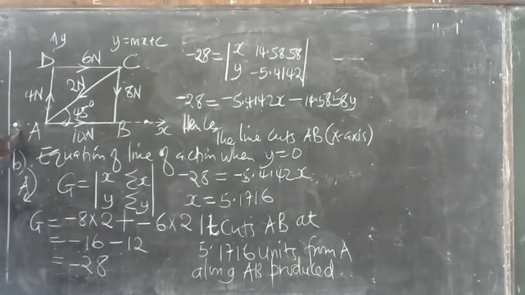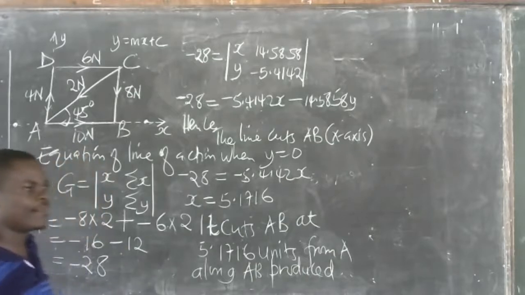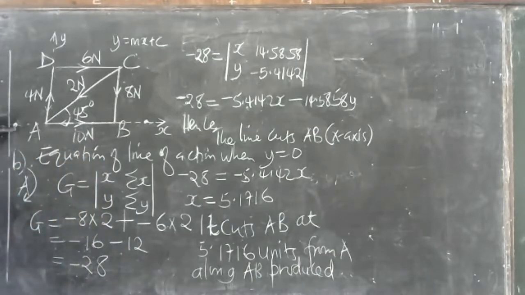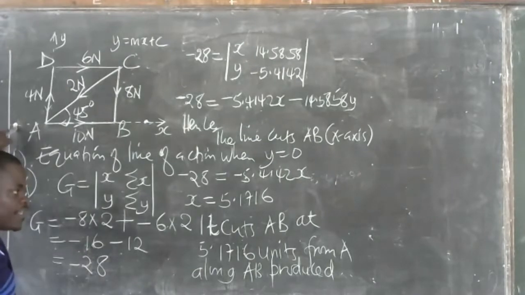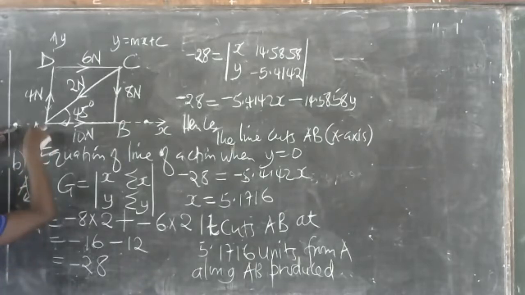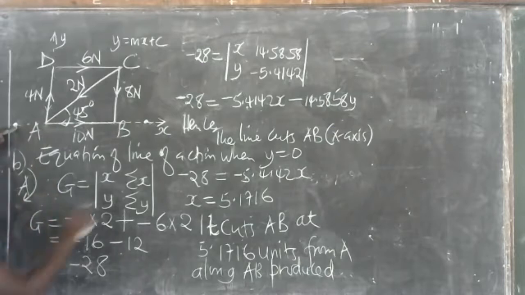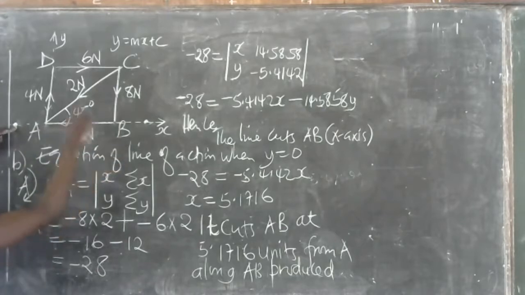So you say it cuts AB at, you don't put the negative, you say it cuts AB at that distance units from A along BA produced. From A along BA produced.